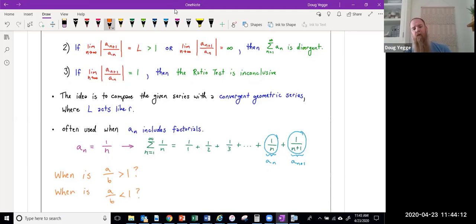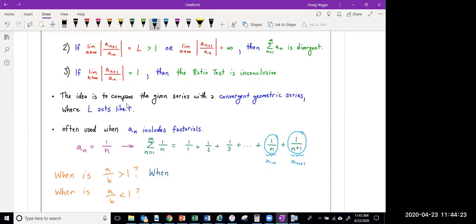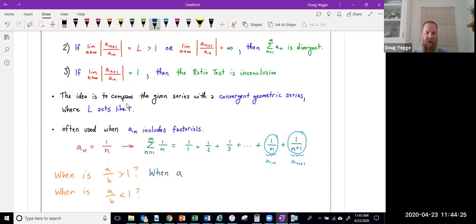Okay, so think about that. When is A over B greater than 1? Yeah, when the numerator of A is bigger than the denominator of B. But notice that the fraction will be less than 1 in the reverse circumstance, when the numerator of A is less than the denominator of B.